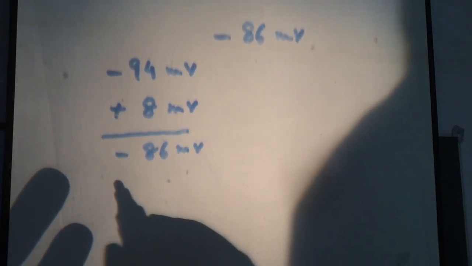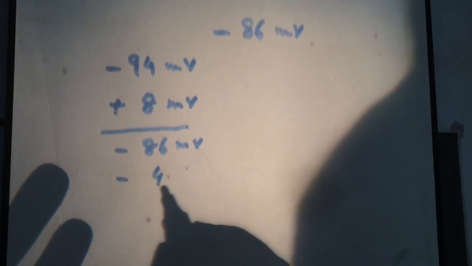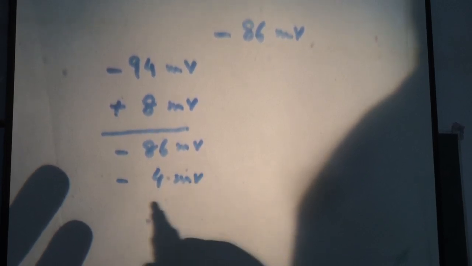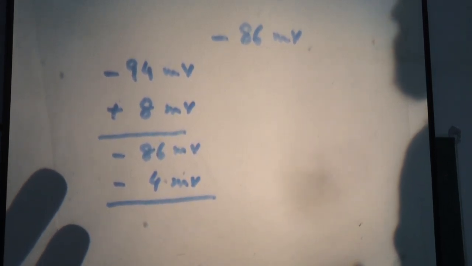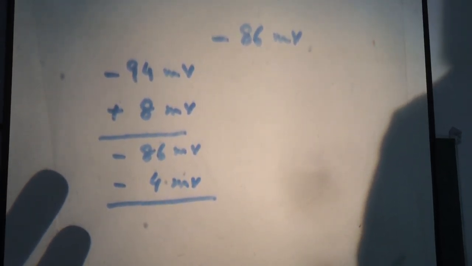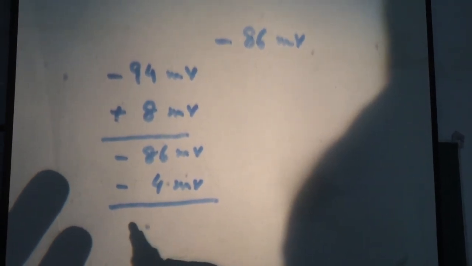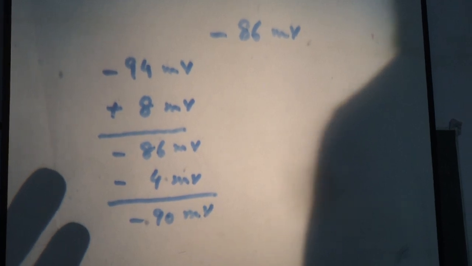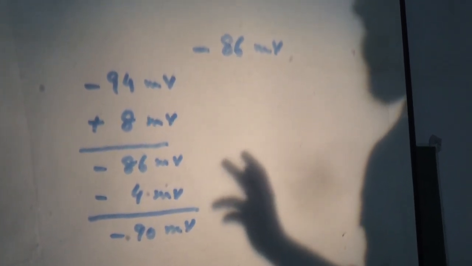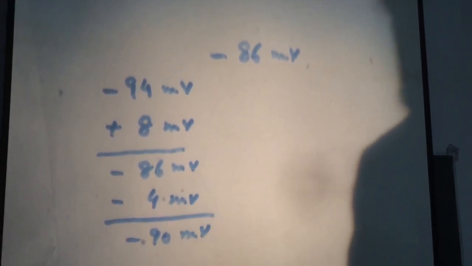Minus 4 millivolt is due to the activity of the sodium potassium pump. So minus 86 plus minus 4 will be minus 90 millivolt, the resting membrane potential.